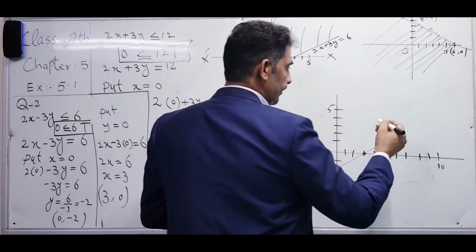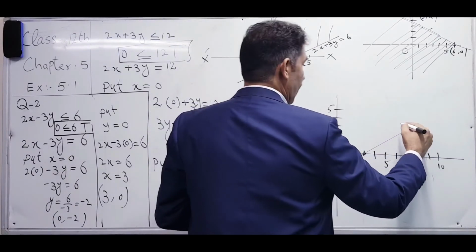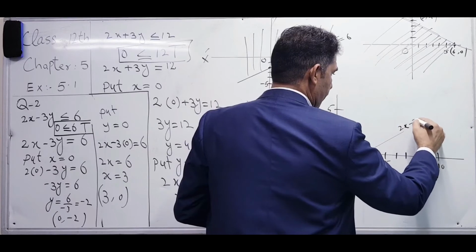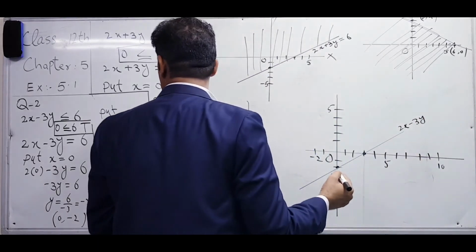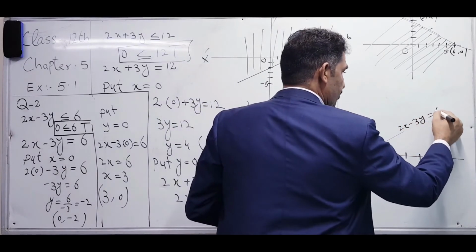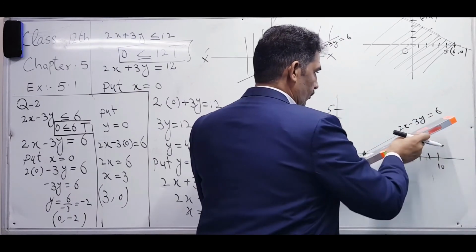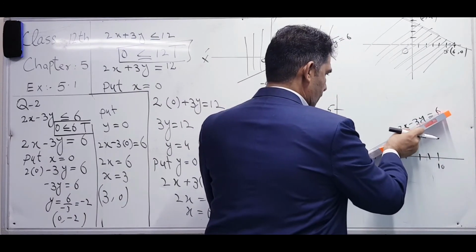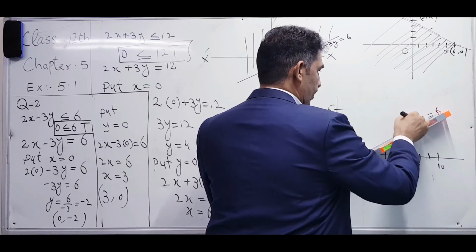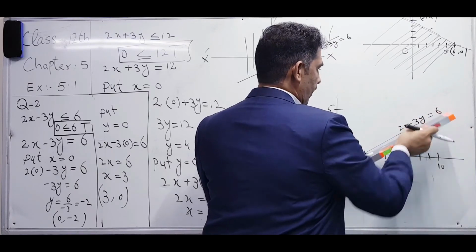Draw a line. Write the name of this line: 2x minus 3y is equal to 6. We can go a little more also. Right?